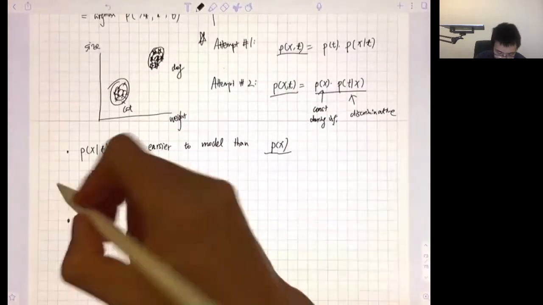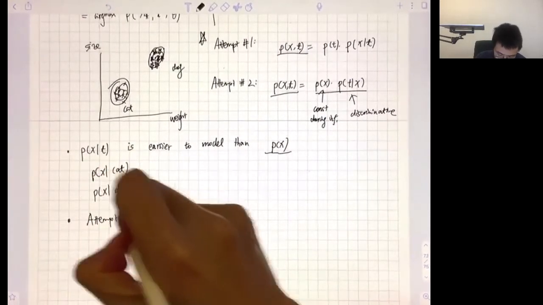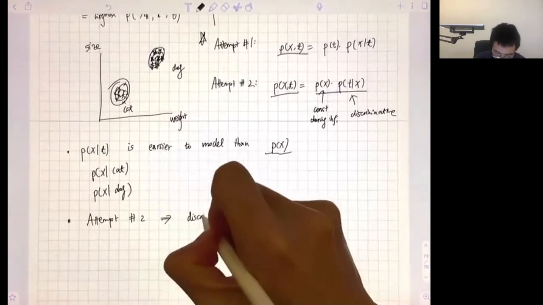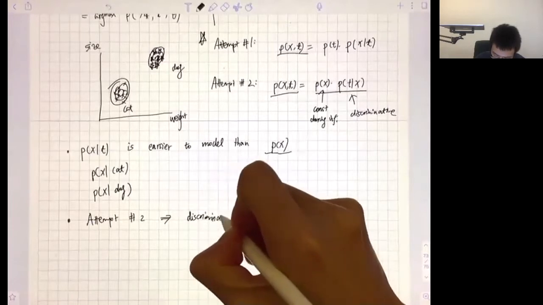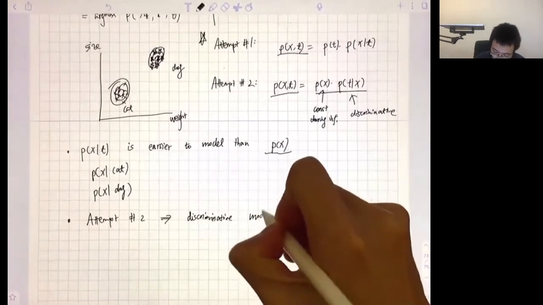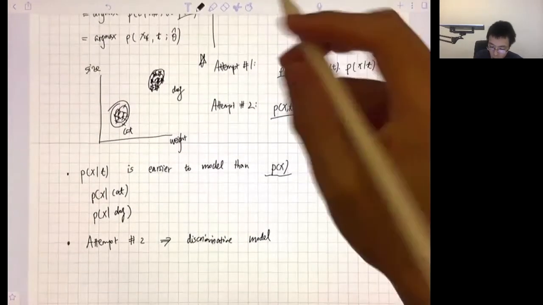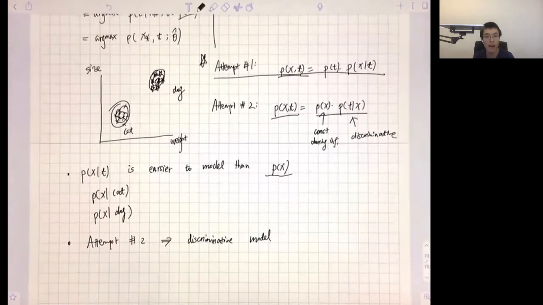So this shows attempt two degenerates to a discriminative model for classification. Okay, so that's why we typically adopt the first attempt. We first generate the label, and then we generate X given that label. Okay.